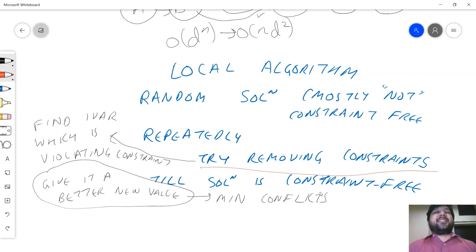It turns out approaches like this are often used along with things like backtracking, and they are the ones who really accelerate those things. Unfortunately, local algorithms are not in this course, they're in some other course, and they are the power behind a lot of CSPs getting easily solved. So that'll be all for the lecture. Thank you.